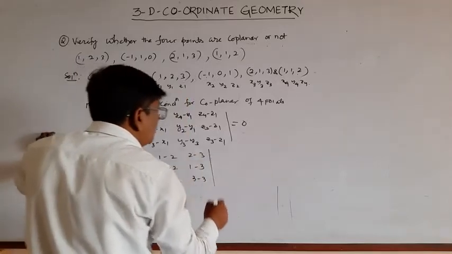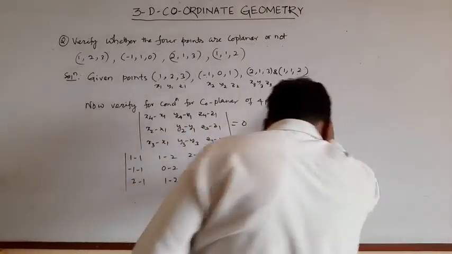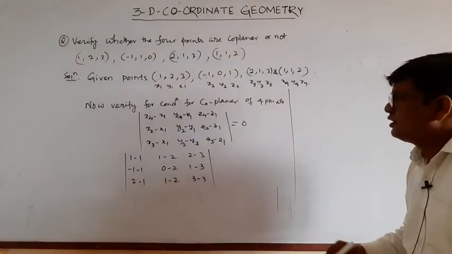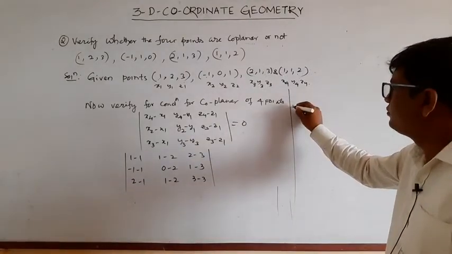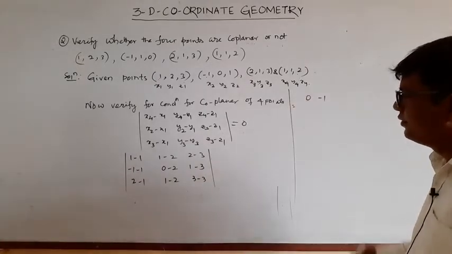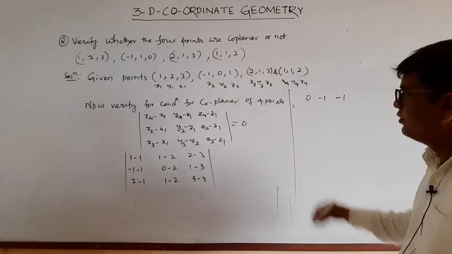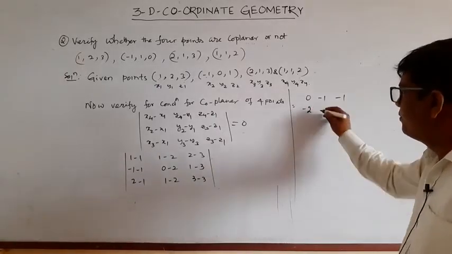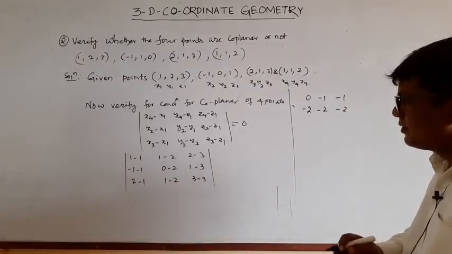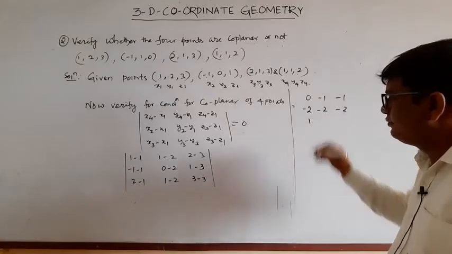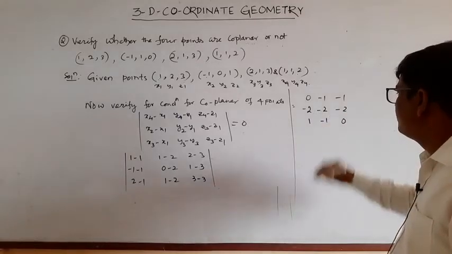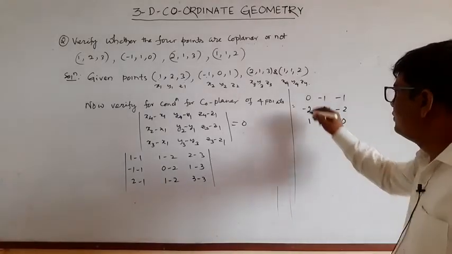This is equal to what? Now this is 0, minus 1, minus 1, minus 2, minus 2, minus 2 and 1, 1, 0.